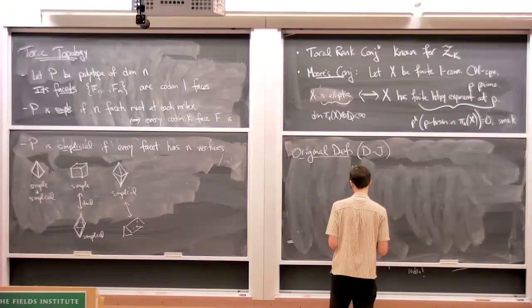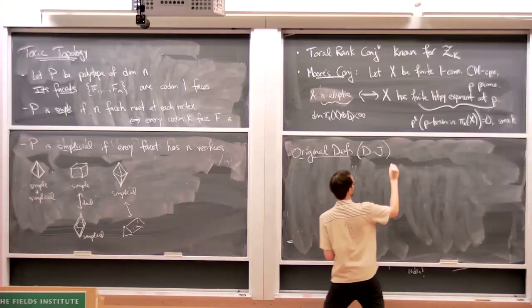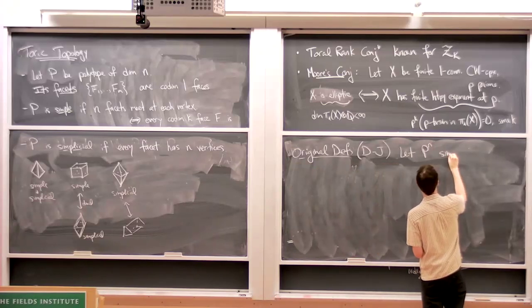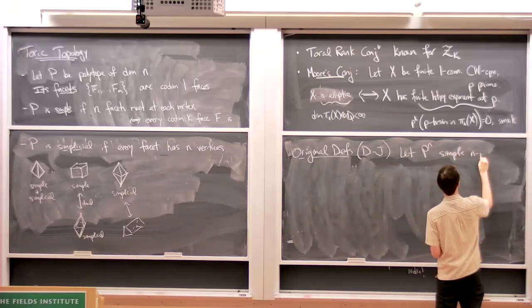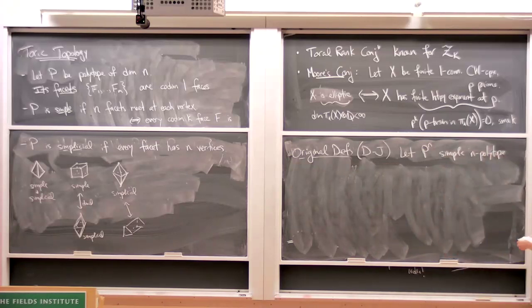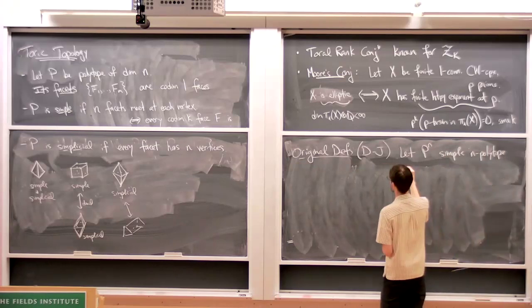Davis, Januszkiewicz. Let P^n be a simple n-polytope with m facets as before.